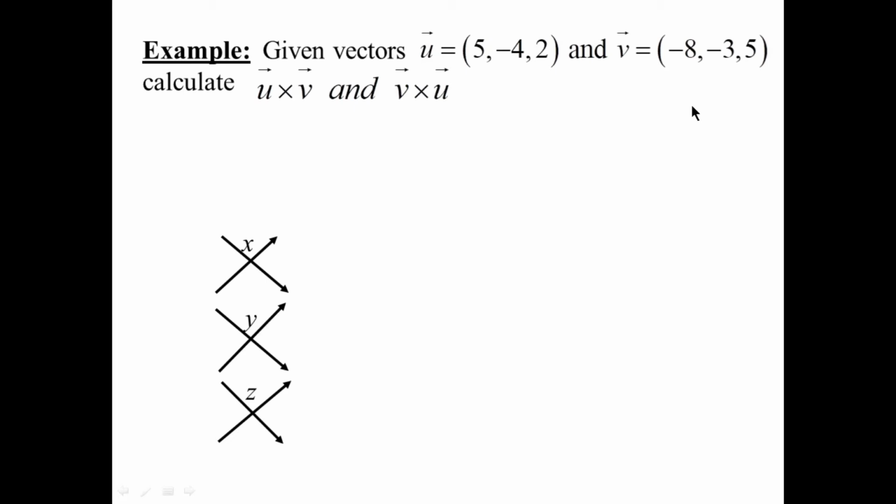That's going to be the cross product. And at these intersections, there's going to be middle, last, first, middle. So it'll be -4, 2, 5, -4. Similarly, on the right side, we'll take middle, last, first, middle. So it'll be -3, 5, -8, -3.